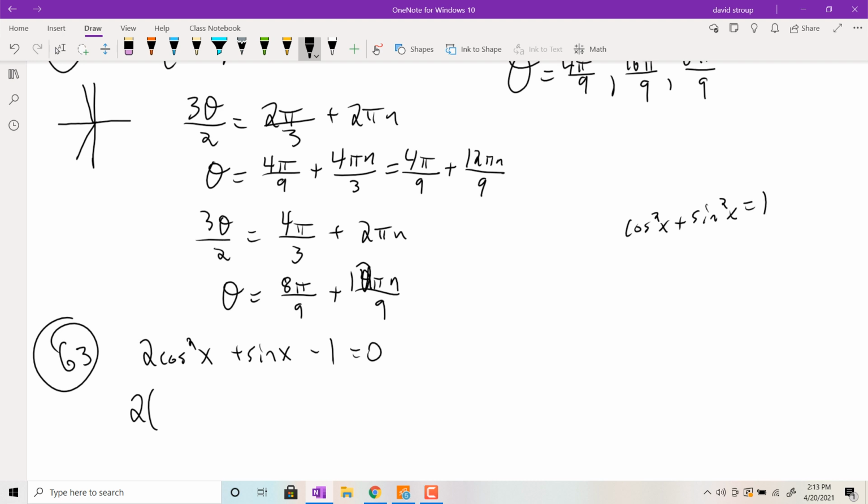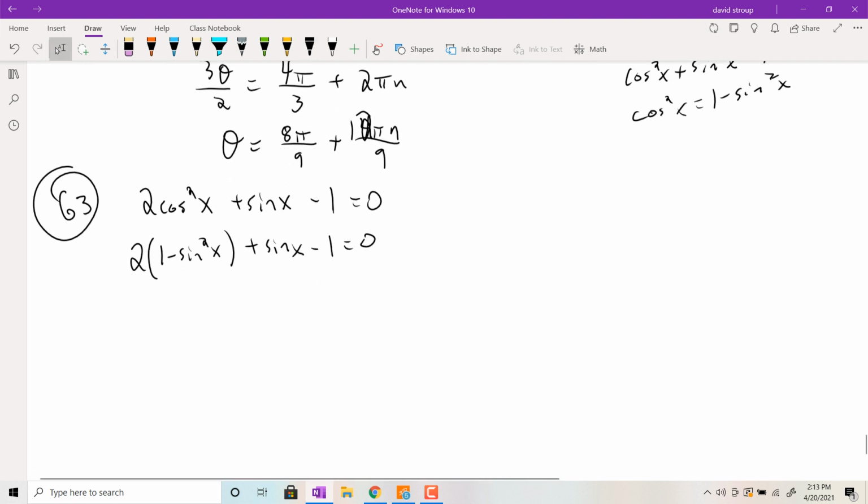So remember the Pythagorean identity. If you subtract sine squared on both sides, you get 1 minus sine squared. So cosine squared can be turned into 1 minus sine squared. And then I'm going to get everything on one side and set it equal to 0.